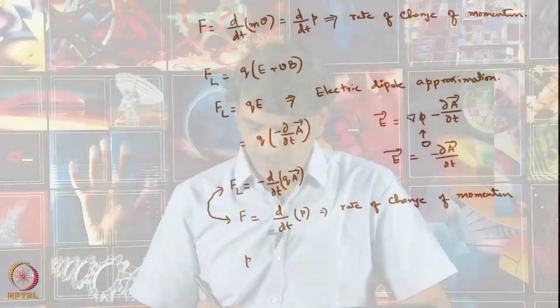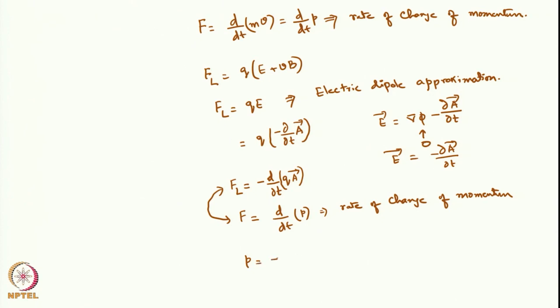Now you can clearly see by comparing these two equations, momentum p is equal to minus QA. This is the momentum that a charged particle will gain in a vector potential.